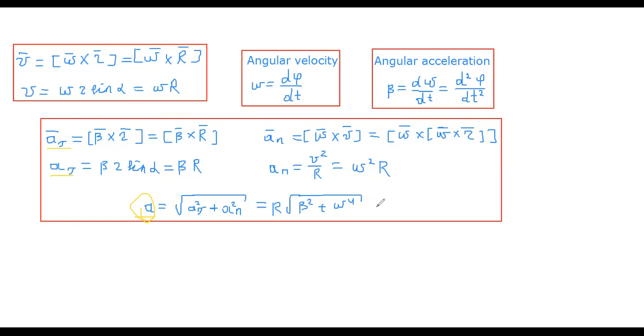Tangential acceleration means change of velocity by module, change of absolute value of velocity. Normal acceleration is change of velocity by direction.